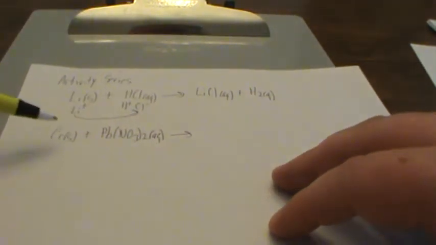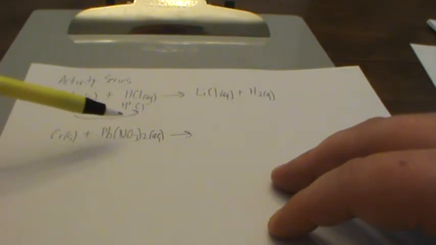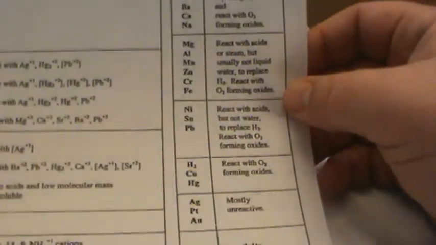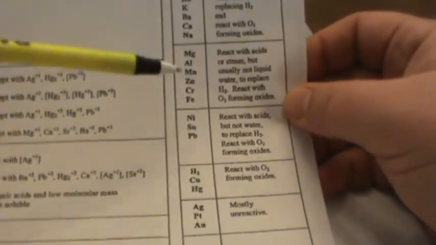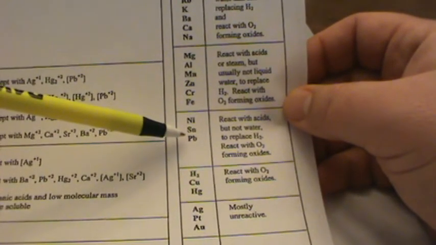Okay, so now if we look at this, this is a single displacement reaction. Element reacting with a compound. So how can we use the activities to see if this takes place? Well, the way that we do that is we look to see where the two metals are relative to one another. So here is chromium and here's lead.